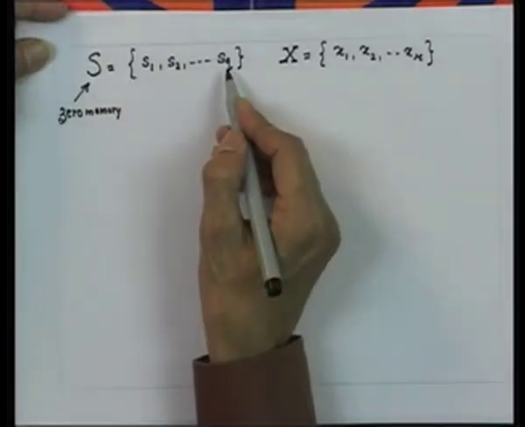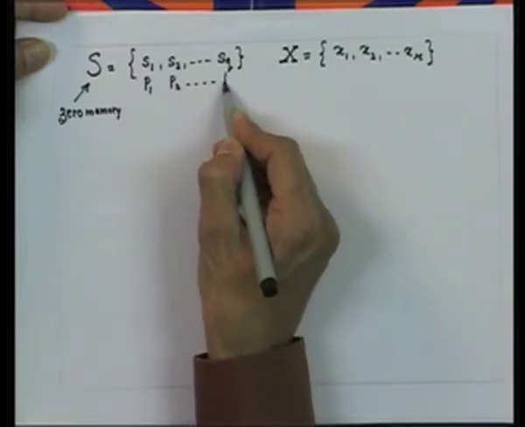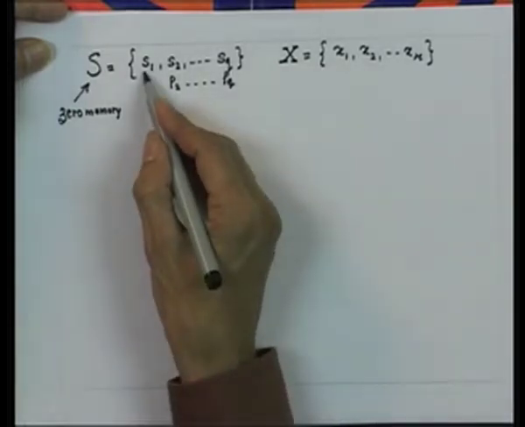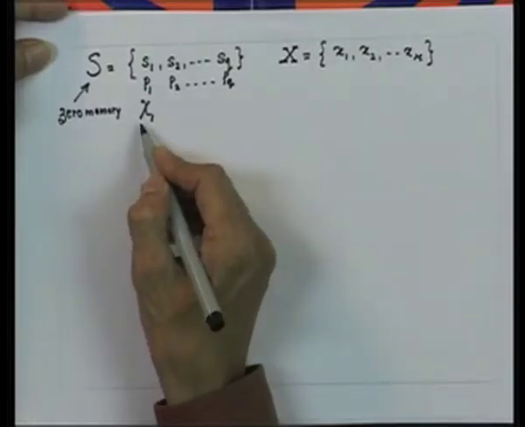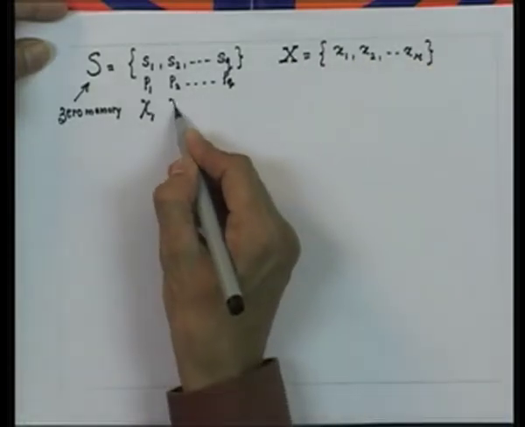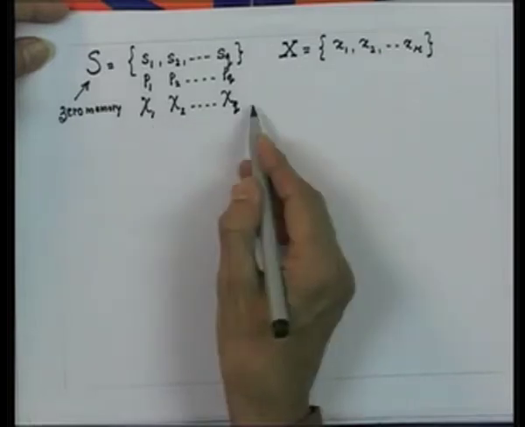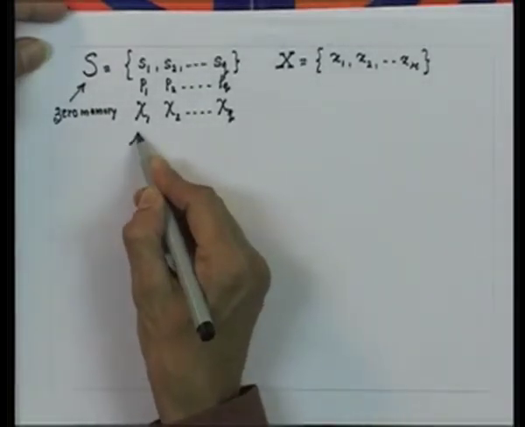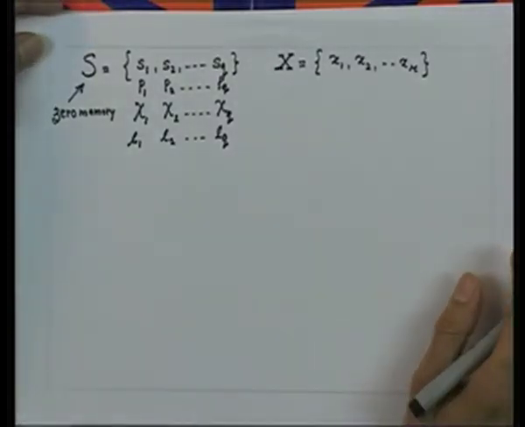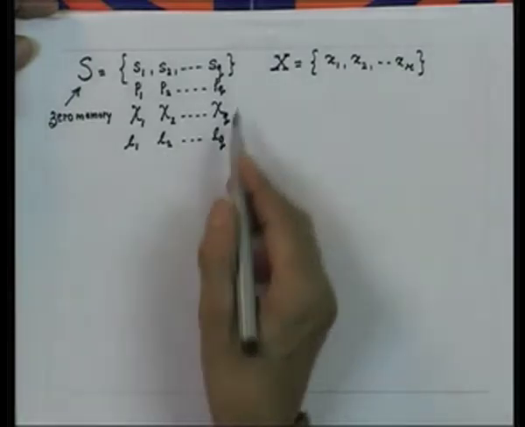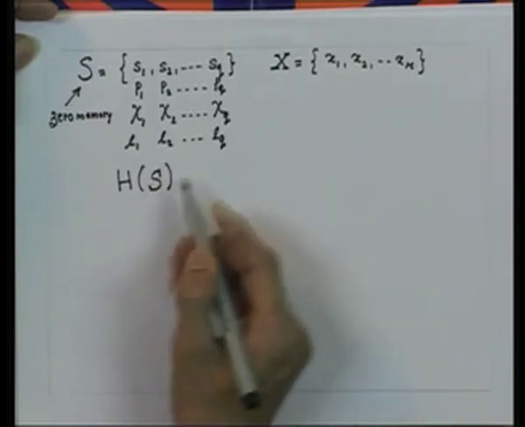With these source symbols are associated the probabilities P1, P2 up to PQ, and with each of these source symbols are associated code words composed of code symbols from this code alphabet X. Associated with these code words, we have the lengths L1, L2 up to LQ.